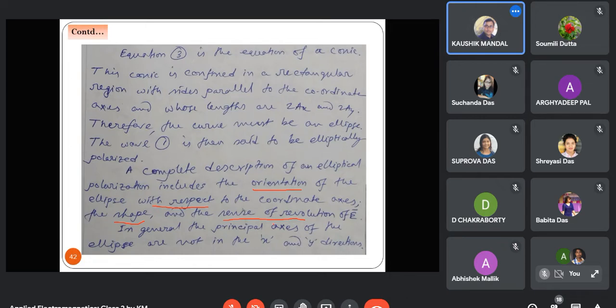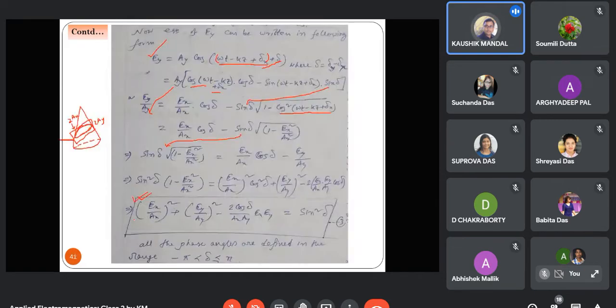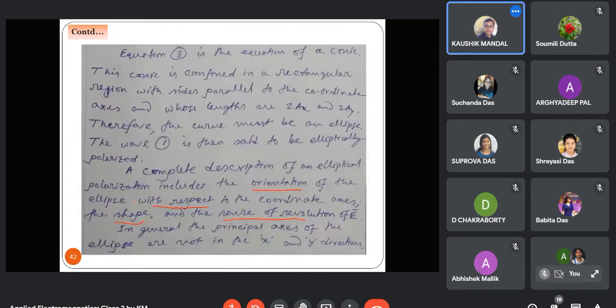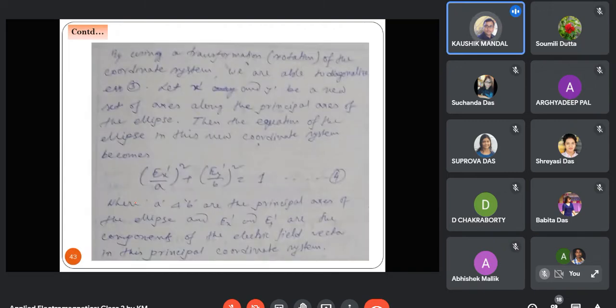Now, this particular equation number 3 is representing the equation of conic. From this equation, if we apply the coordinate transformation, then the corresponding equation can be rewritten in this particular form.